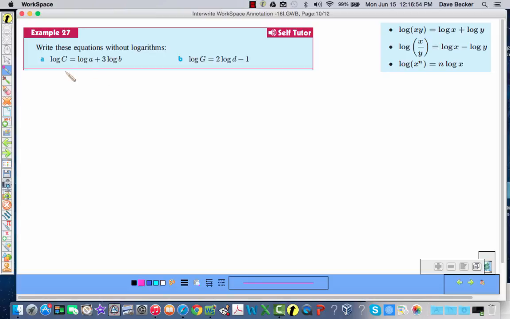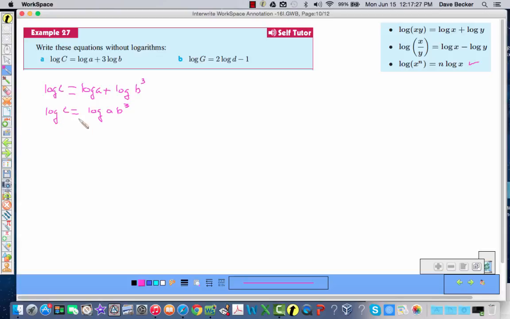So I am going to say that this is equal to log A plus log B cubed, and I'm using this exponential law right here. And then, since this is addition, I can write this as log of AB cubed, right? And I guess I should have been writing log C here all the way down.